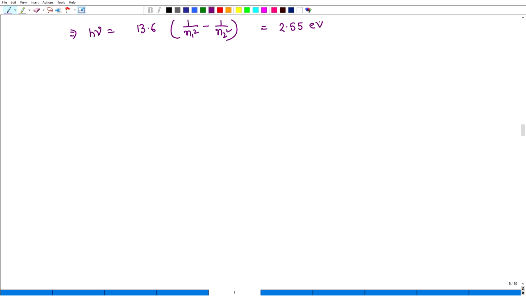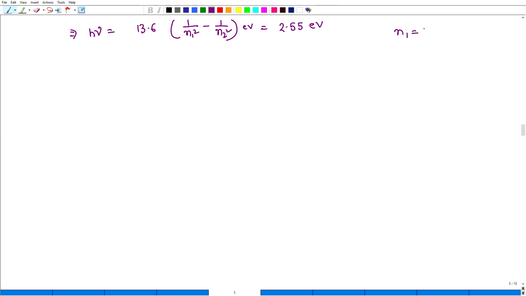This is also in electron volt, there is no issue as such. So, now we have to find out n1 and n2. Okay. Here we have to use trial and error, because we have only one equation and two unknown quantities, n1 and n2. So, eventually we have to do trial and error.